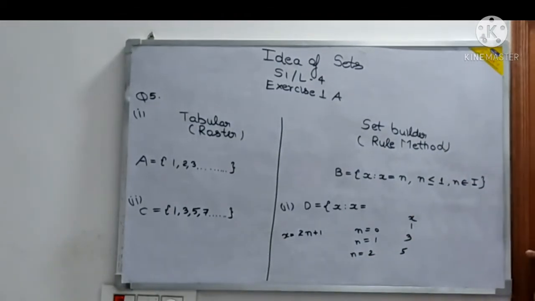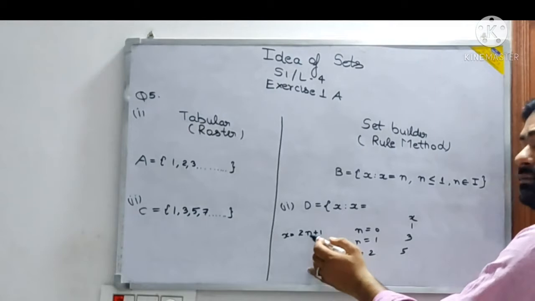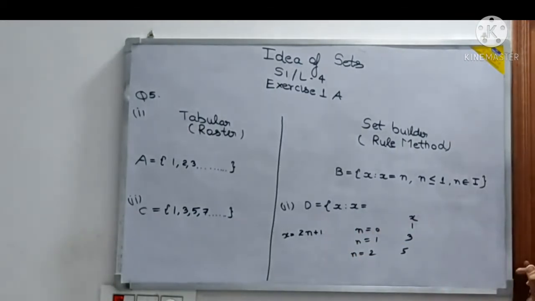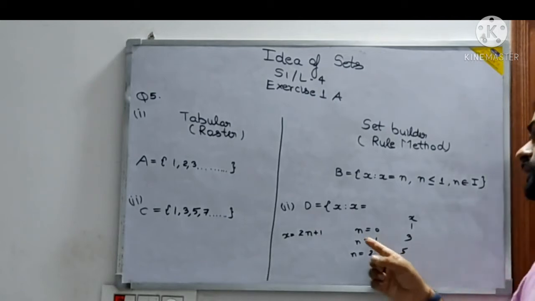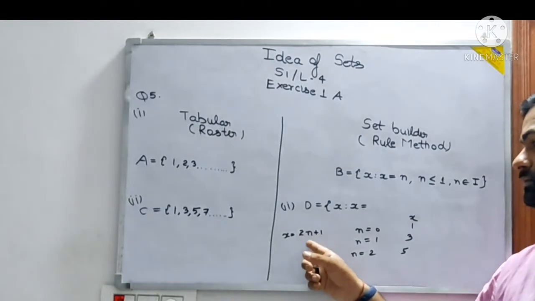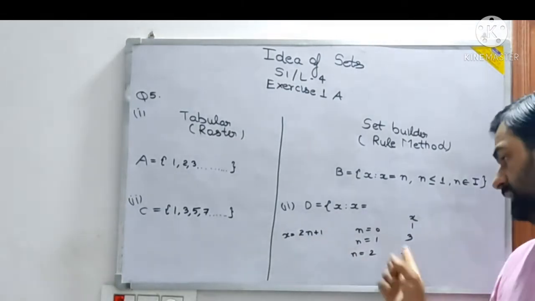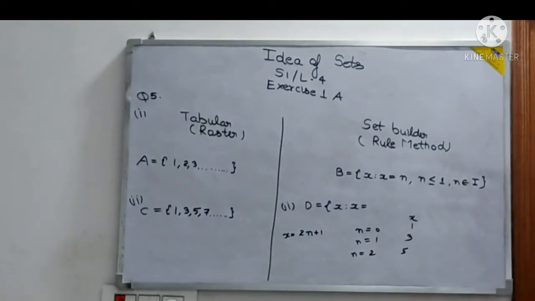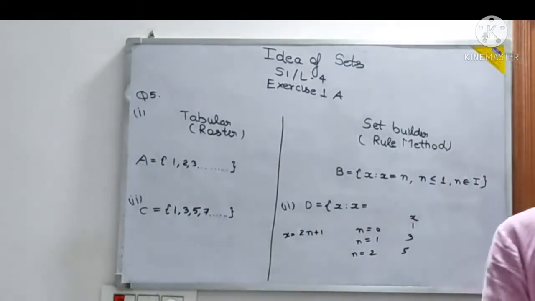When n is 0, x will be 1. When n equals 1, x will be 3, and then 5. Clear? So 2n plus 1 will generate the odd numbers.